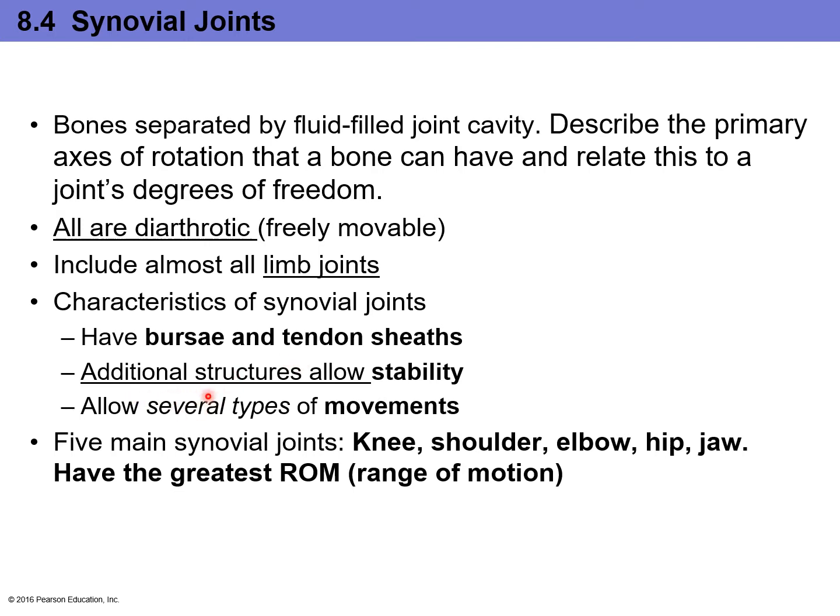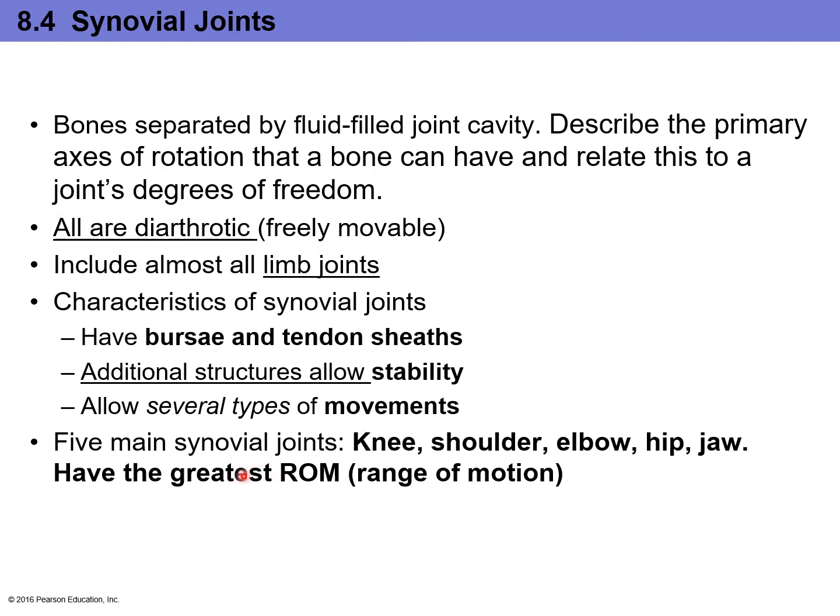And then you're going to have a number of other structures located in the synovial joints. Because we have this cavity there, we're going to find some more structure there. All right, and so this allows for stability. It also allows for an increase in the number of types of movements that you can do at these joints.